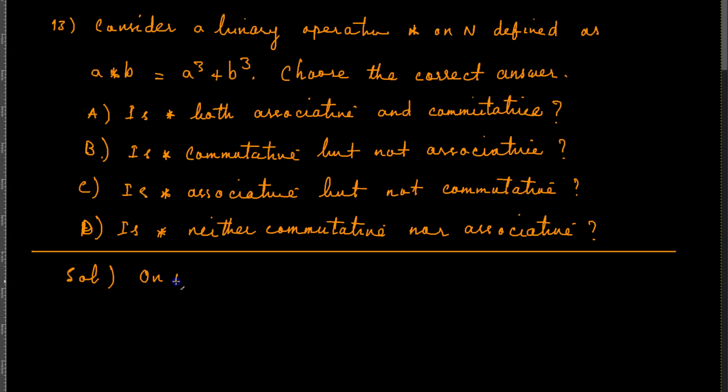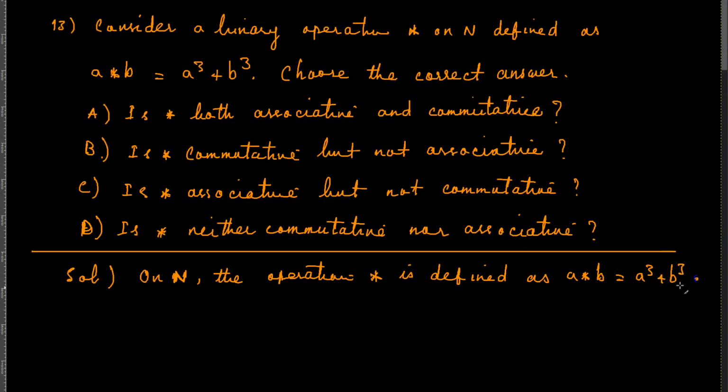So you have on N, the set of natural numbers, the operation star defined as a star b is equal to a cube plus b cube, right?